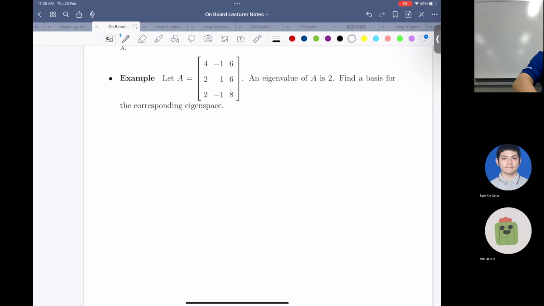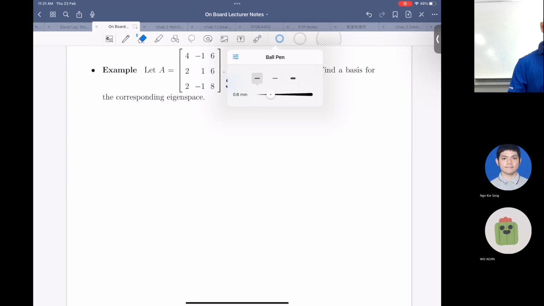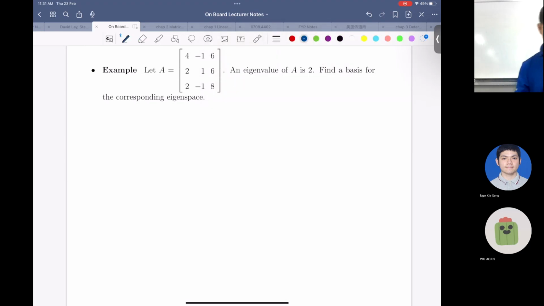Is it going well? Know what to do? Anyone start row reducing already?